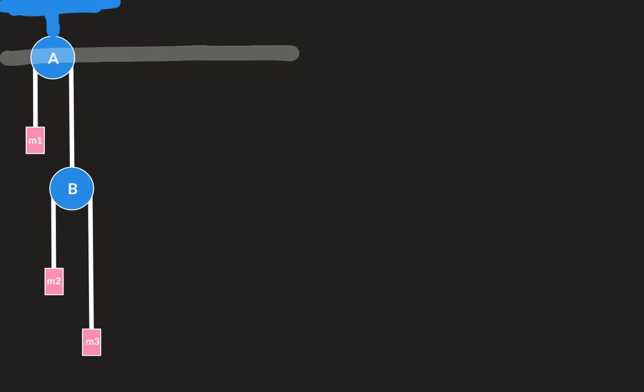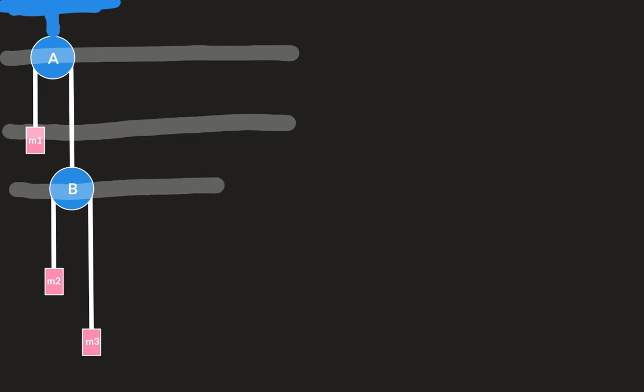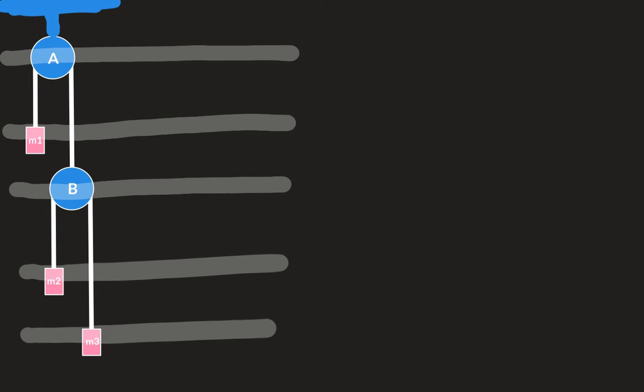And that initially seems messy, so I'm going to put a line here that's kind of capturing the top of mass 1. I'm going to put another line through pulley B because it's going to move from that position. It's going to start to go up. And then that means if mass 2 starts moving and mass 3 starts moving, that they're where the top of those boxes go, which is where I put this fat line because it's easier to draw than a dotted one, we can measure that.